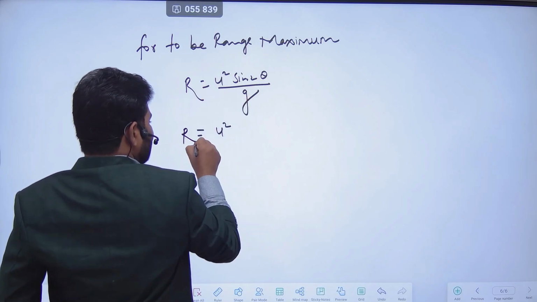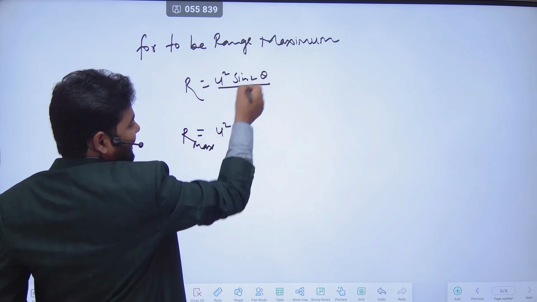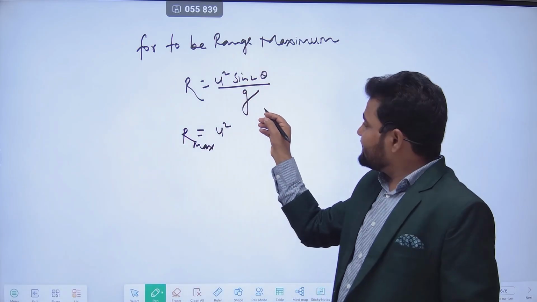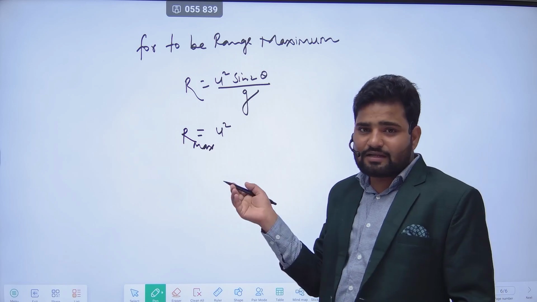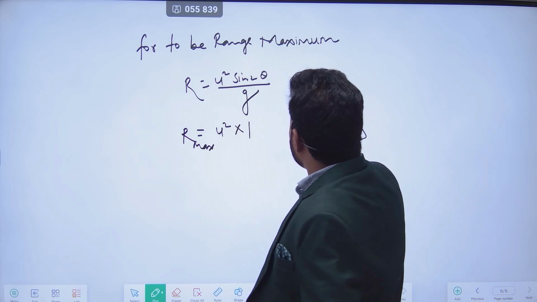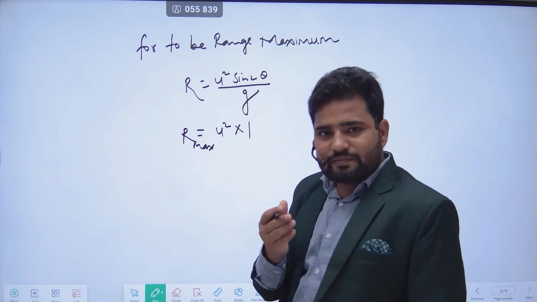R will be max when the right hand side will be max. Here u is constant, by which it is projected, and g is also gravitational acceleration, it is also constant, and sine 2 theta we can take as 1 because sine theta can hold the maximum value, that is 1.